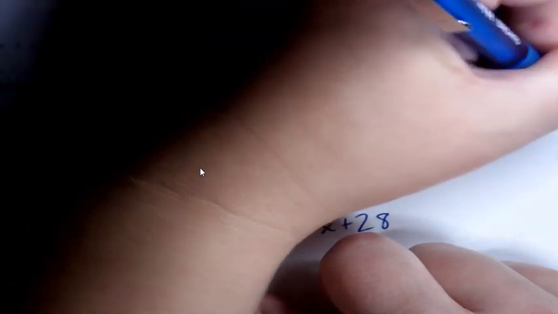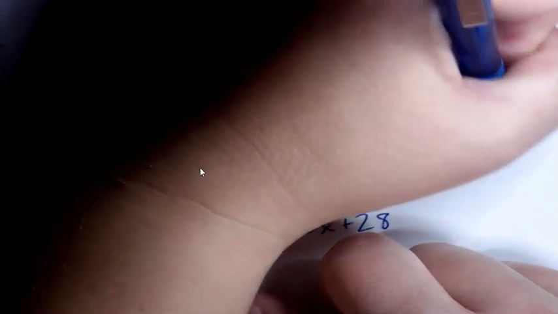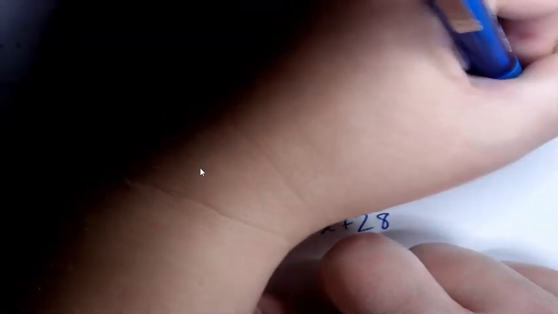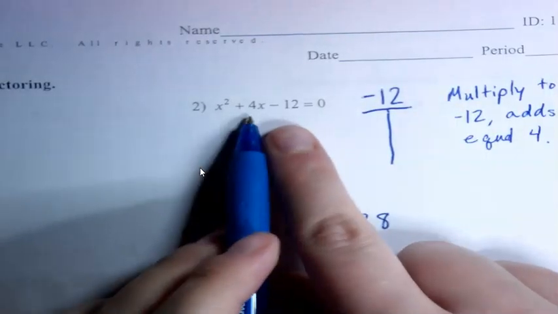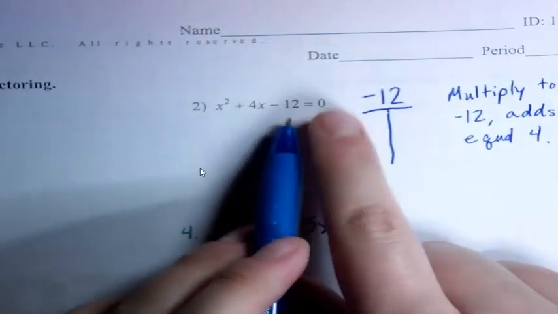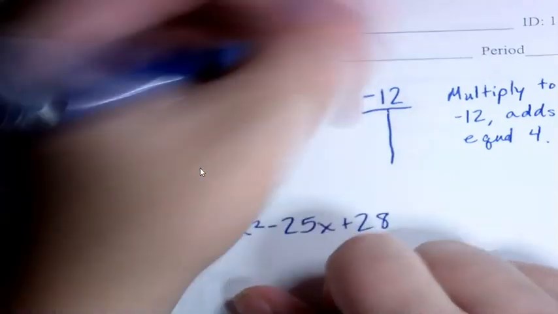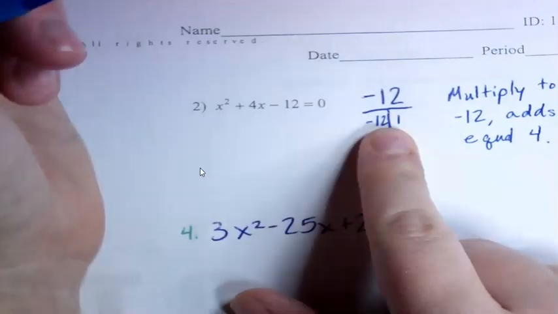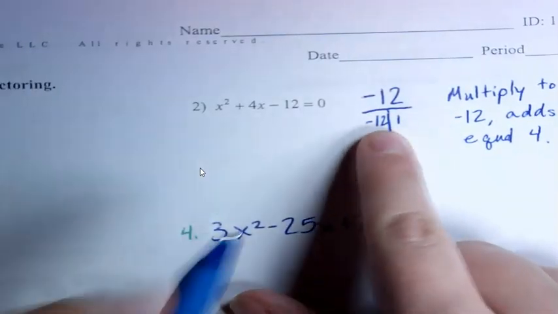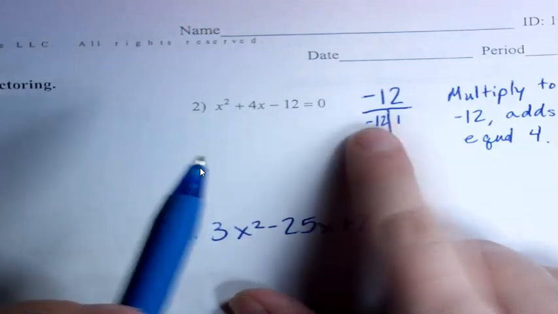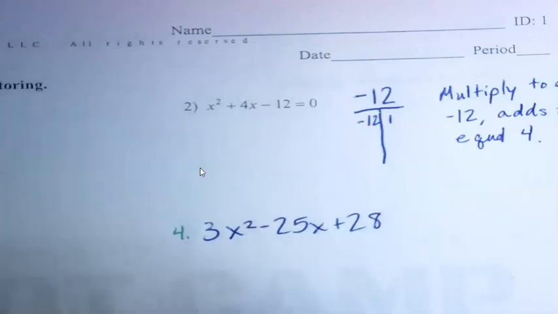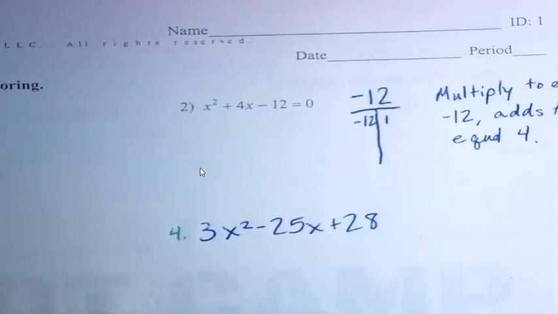Adds to equal a positive 4, or your B coefficient. Okay, negative 12 times 1, or just 12 times 1, the negative can be on the 1 or the 12. But you can't find a way to add those to equal positive 4.